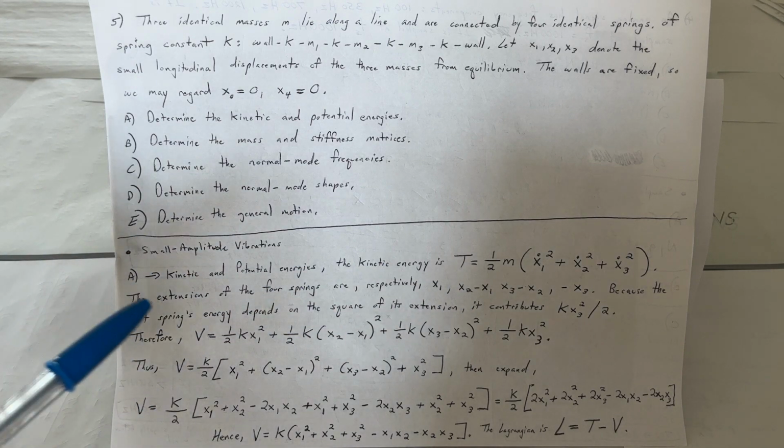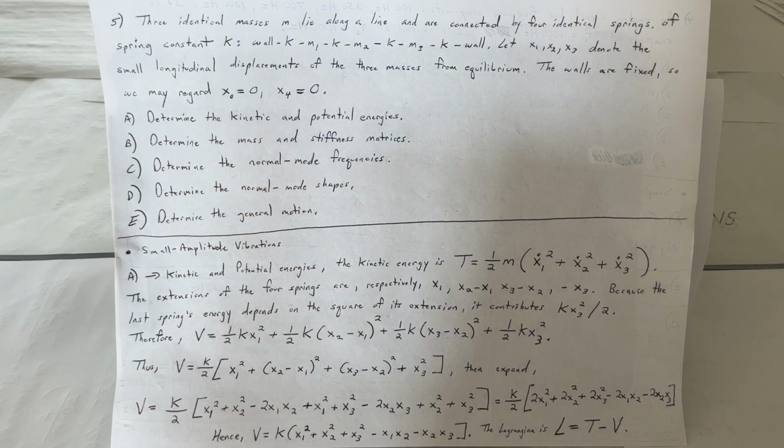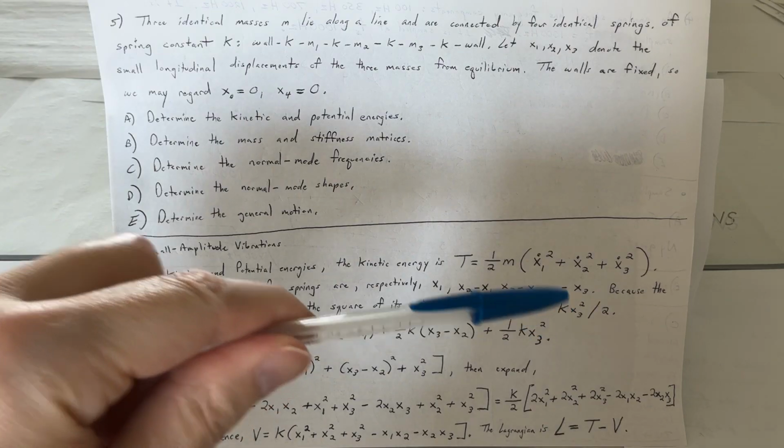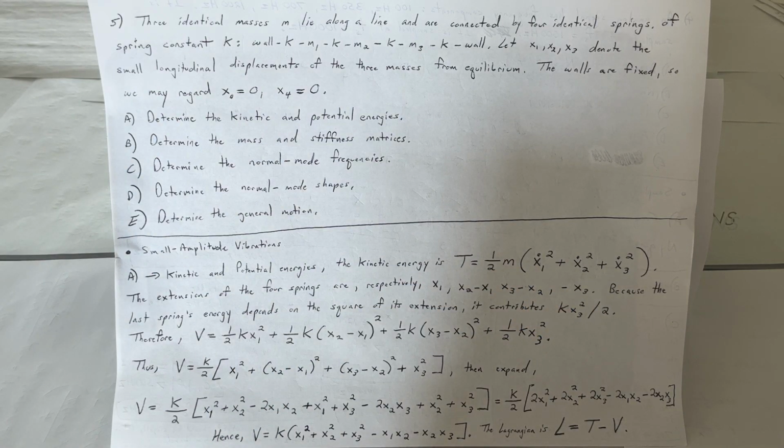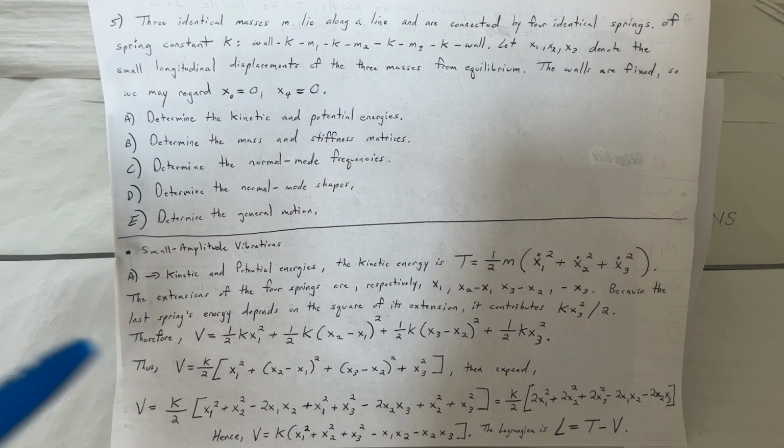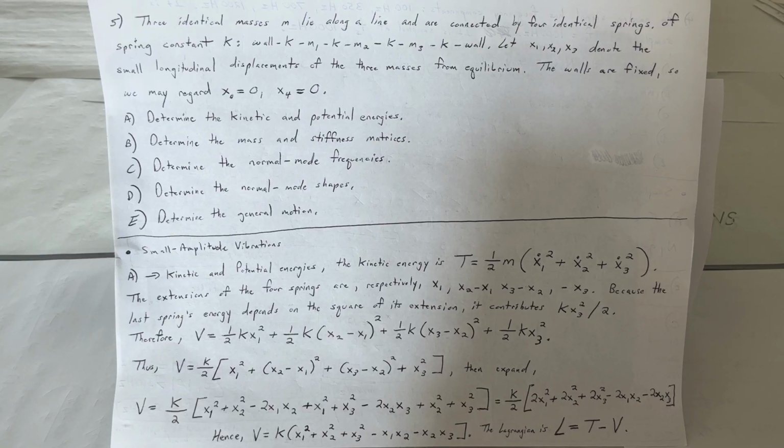And because the last spring's energy depends on the square of its extension, it contributes k x sub 3 squared divided by 2. So therefore V equals 1/2 k x sub 1 squared plus 1/2 k times quantity x sub 2 minus x sub 1 squared plus 1/2 k times the quantity x sub 3 minus x sub 2 squared plus 1/2 k x sub 3 squared.